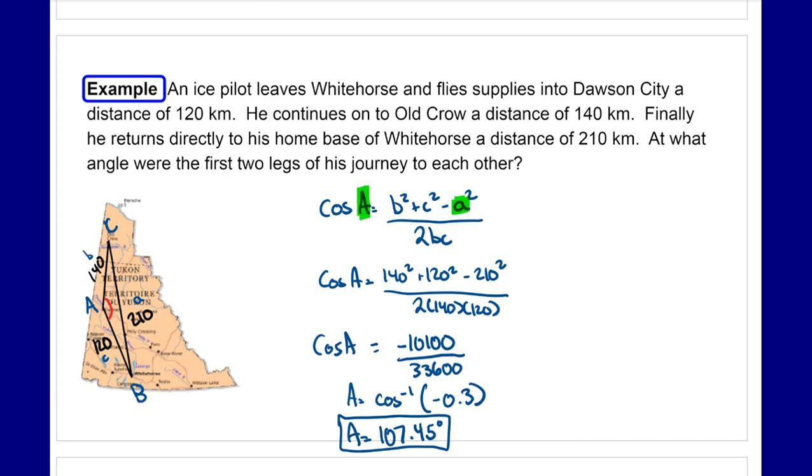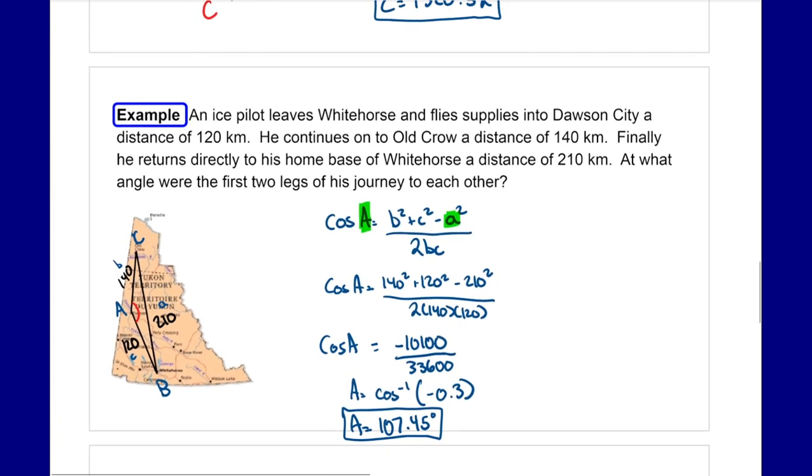So again, the key thing with the cosine law when finding the angle is that the angle you're looking for and its corresponding side are paired up correctly. You understand what those two are so that they go into the formulas in the correct spots. But again, it's used for obtuse or non-right angle triangles.